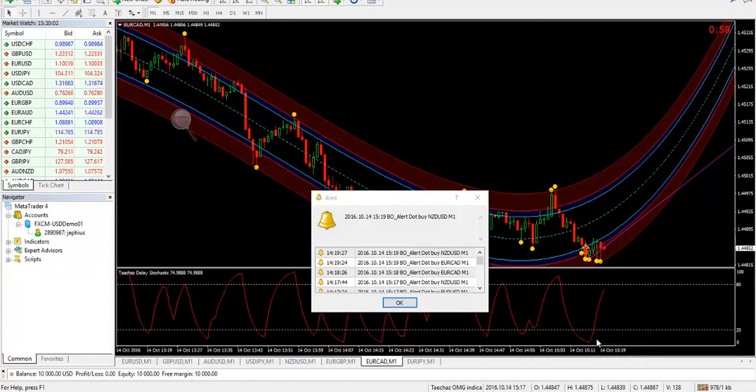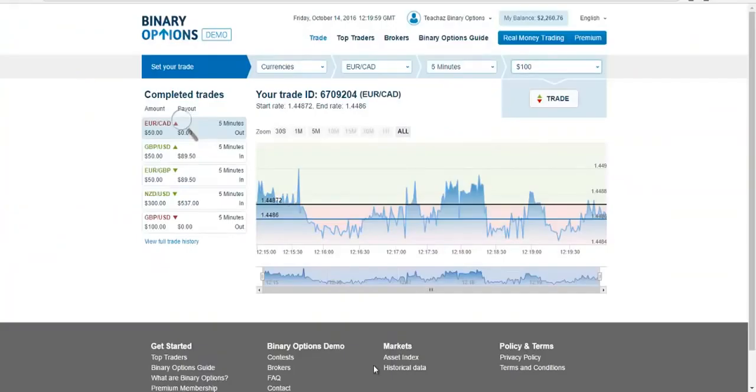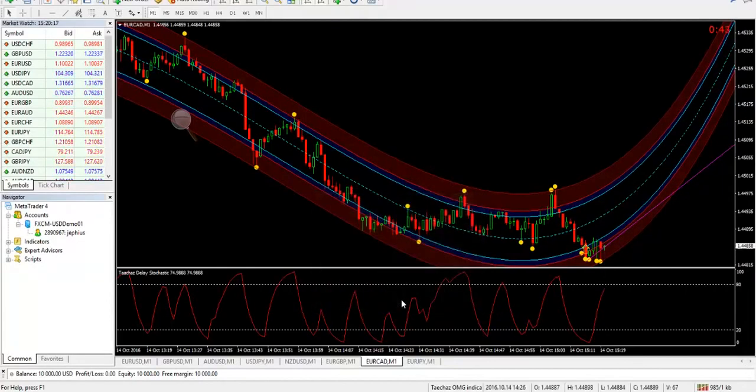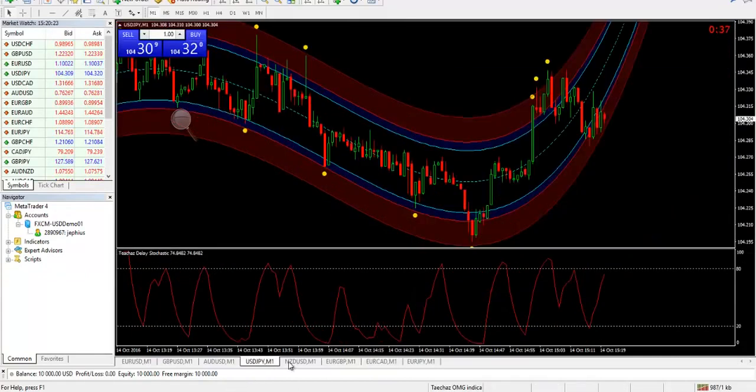But for the sake of this video, I'm going to take the next trade after the expiry of this one on the opening of the new candle. If I wanted, I'd just enter here, but I want to teach you how to trade properly so that you don't just be careless and lose your money.